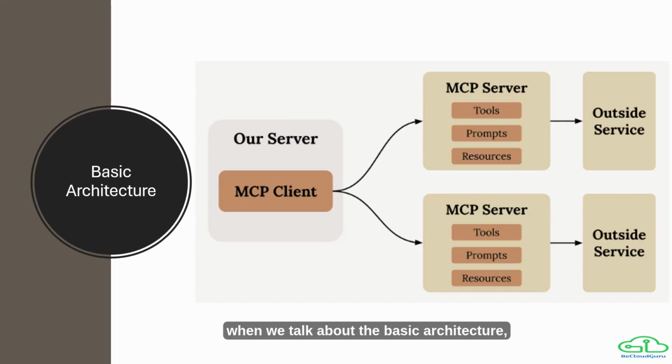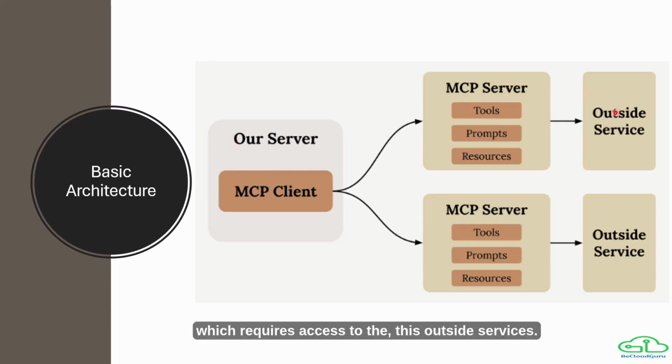One is your host, which basically houses your MCP client. Then you will have MCP servers. The MCP servers will contain three different things in terms of tools, prompts, and resources, which we're going to talk about later, which in turn give access to our application to external or outside services. Now, this host would be the AI application which requires access to these outside services.